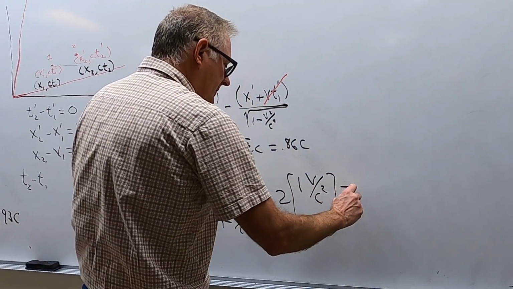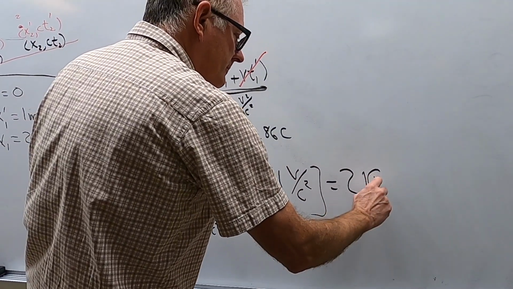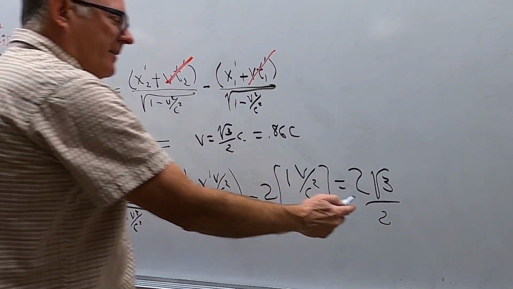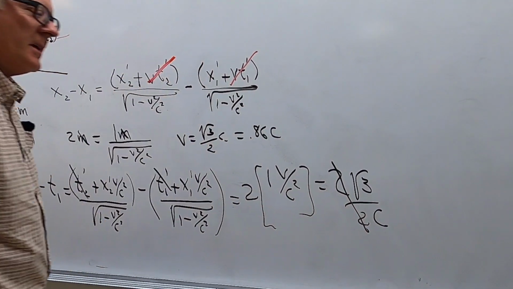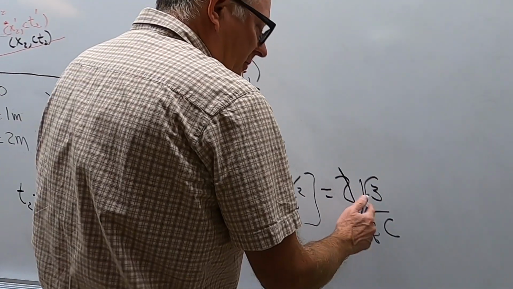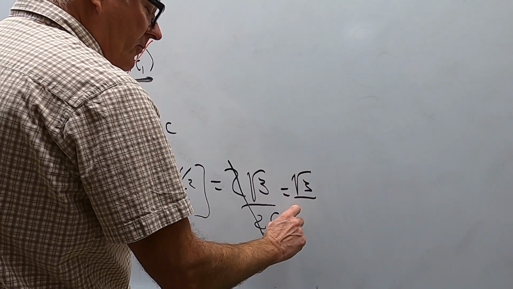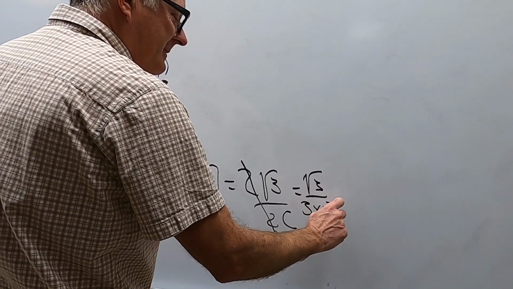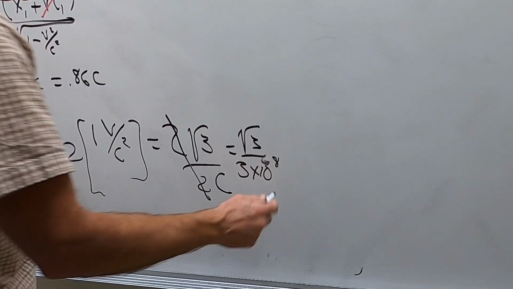So this is 2 times the square root of 3 over 2, c over c squared just gives me a c in the denominator. The 2's drop out. And so it's just 3 over the square root of 3 over c, which is the square root of 3 all over c, which is square root of 3 over 3 times 10 to the plus 8 meters per second.